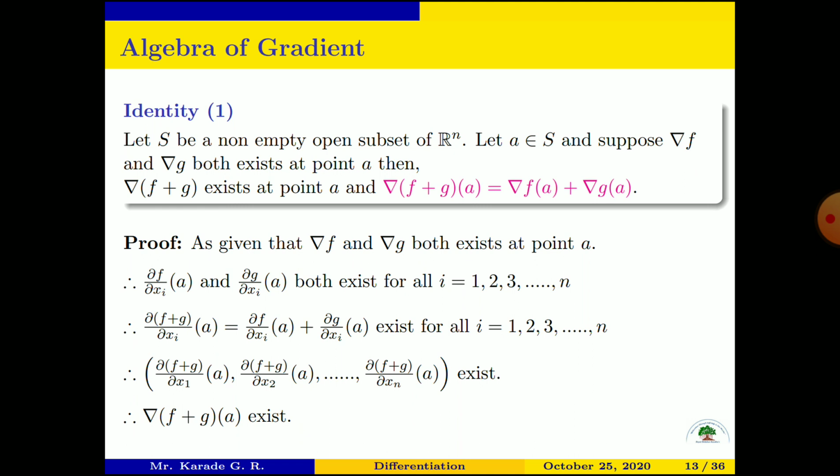This vector is nothing but the gradient of f plus g at point A, so it exists. This is the first part of this identity. Here we have proved that the gradient of f plus g at point A exists.